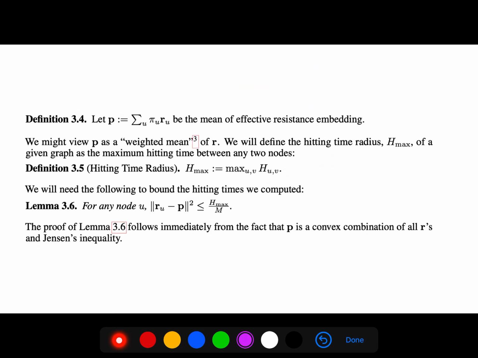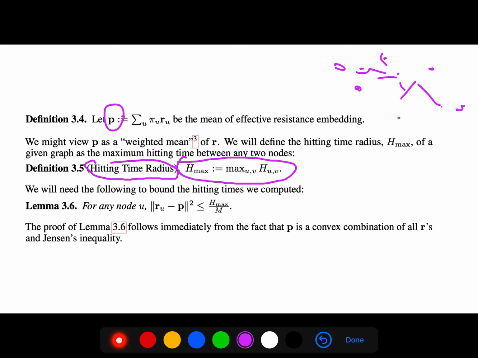Also, the definition of hitting time radius is important. It is the maximum of all hitting times between all pairs u and v. Any pair u and v that you imagine, if you calculate the maximum of all possible values, it becomes H max. It has important topological properties.